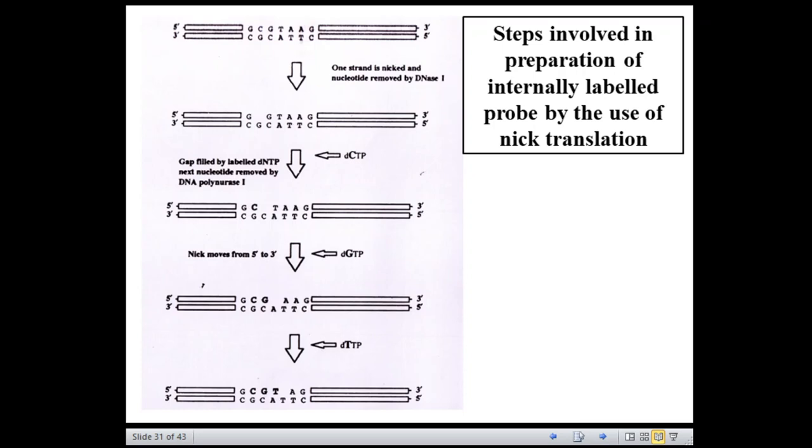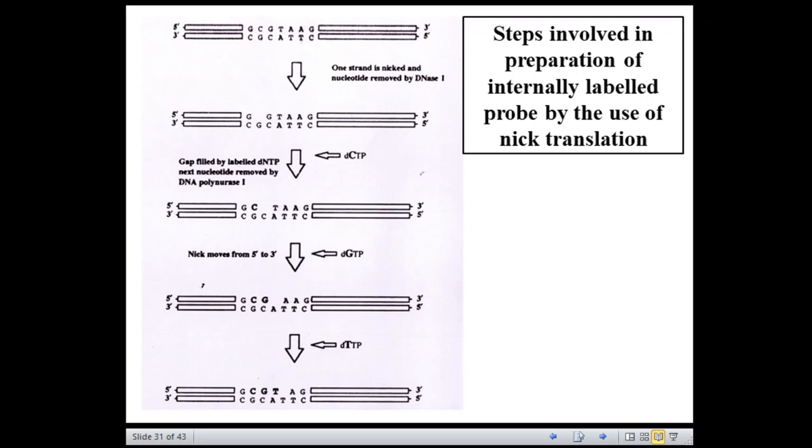Now the DNA polymerase fills the gaps or the nicks using the appropriate dNTP, at the same time making a new nick to the 3' side of the previous one. So in this way the nick is translated along the DNA.